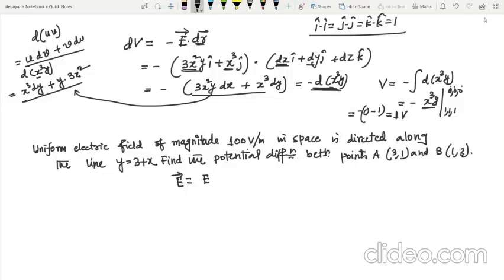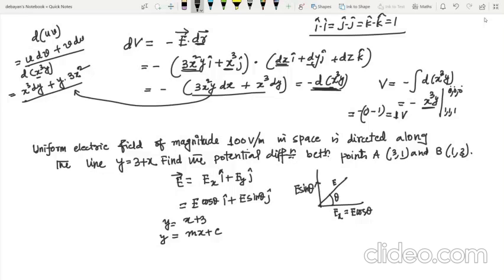So you can write the equation like that: E cos theta i cap plus E sin theta j cap. The equation is y equals x plus 3. We know the equation of a straight line is y equals mx plus c. This is the corresponding equation. So the slope, that is m, we can write as tan theta, which equals 1. So you can find that theta is nothing but equal to 45 degrees.